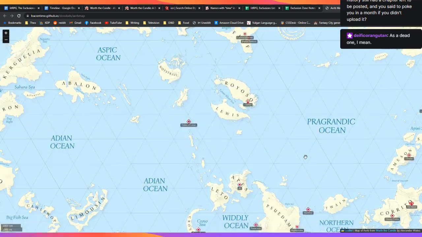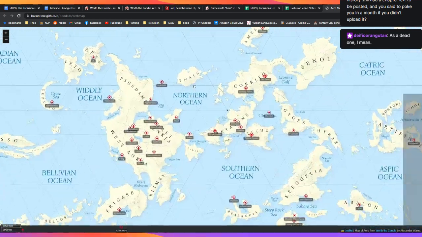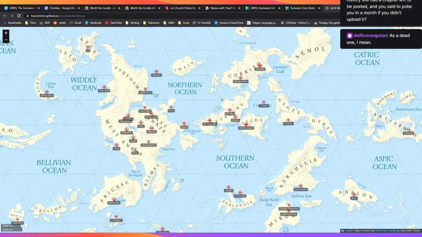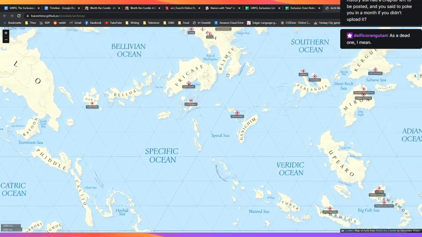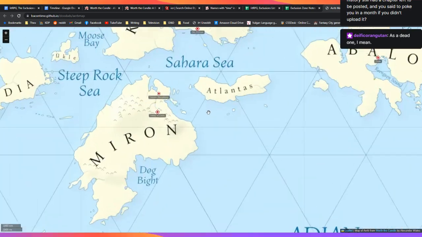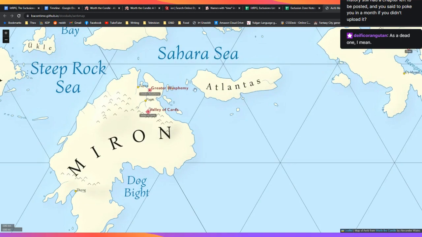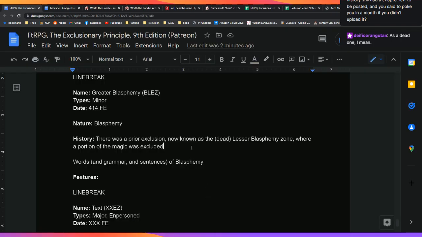I like this idea that this got hit by a partial exclusion, and then it got hit by a full exclusion later, and so the Lesser Blasphemy zone is closed, and then we can include another closed one, just nested in this one. And I like that idea.